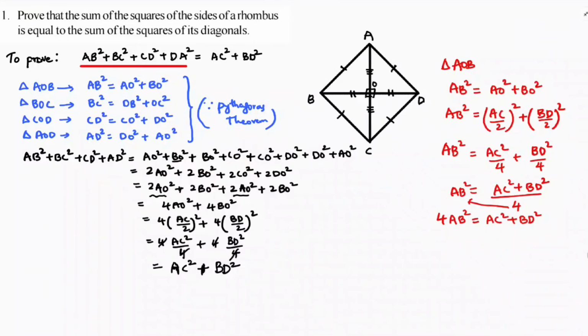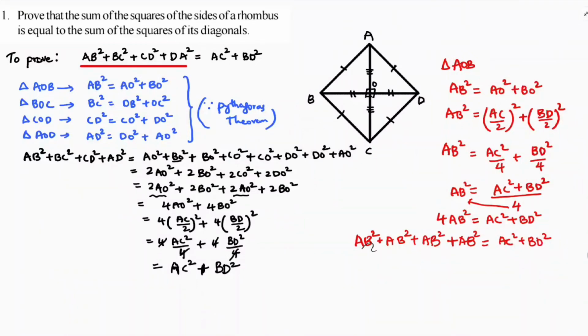Now 4 times AB square I can write as AB square plus AB square plus AB square plus AB square, equals AC square plus BD square.